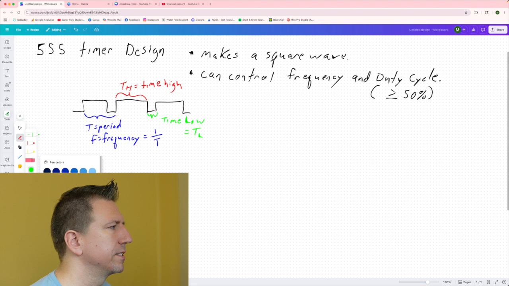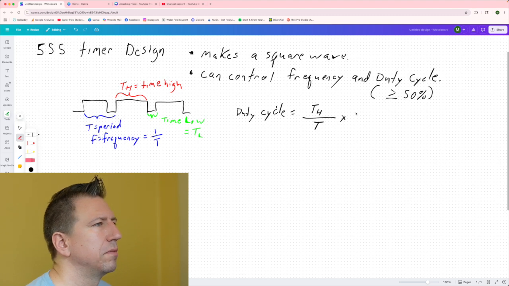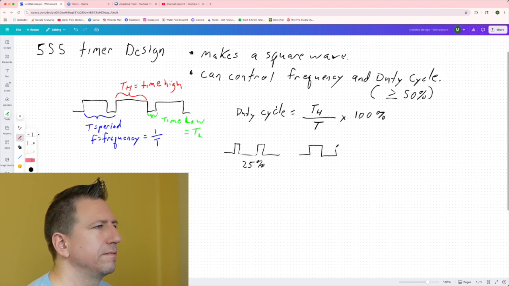So when we're looking at that duty cycle, it equals time high over the total period multiplied by 100, and that will give us a percentage. Okay, so just to give you some examples here. Here would be something that is about 25% duty cycle, here would be a 50% duty cycle, and here would be a 75% duty cycle.